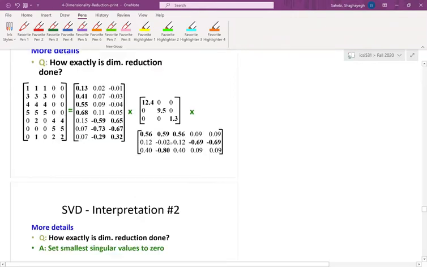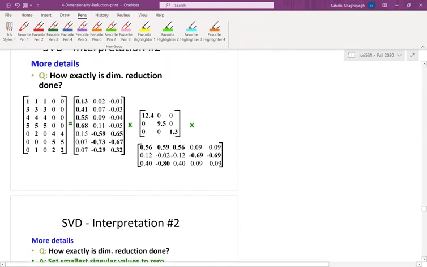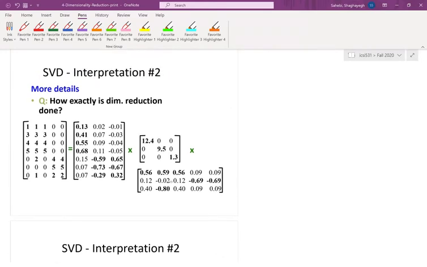Okay, we said that this is going to cause dimensionality reduction, but we didn't say how this is going to be done, because we are seeing m here and n here. This is m by r, this is r by r, this is r by n.